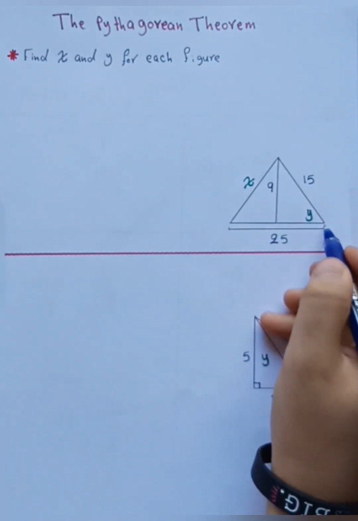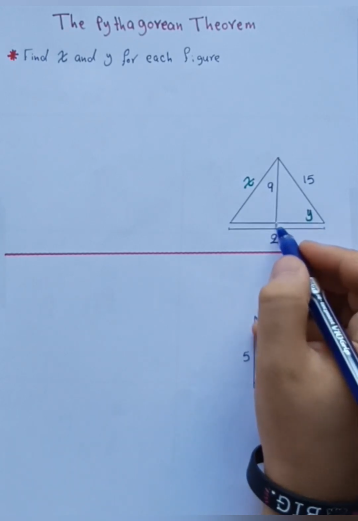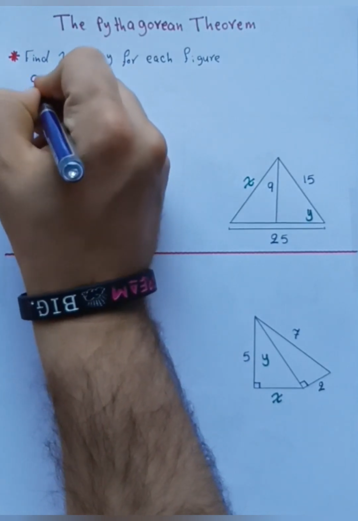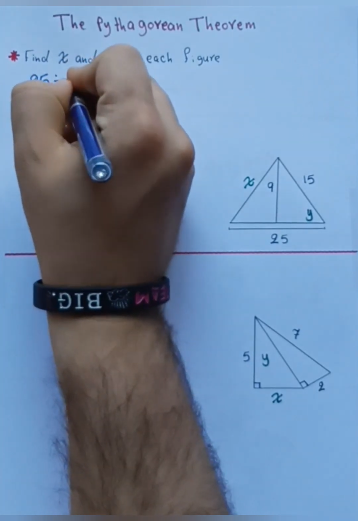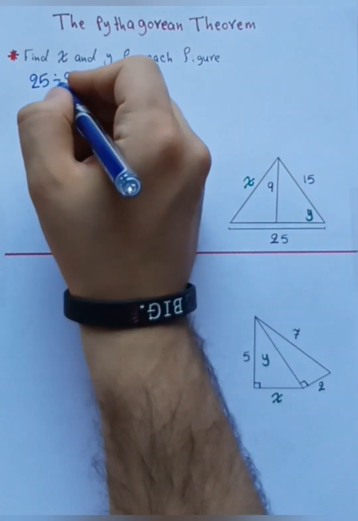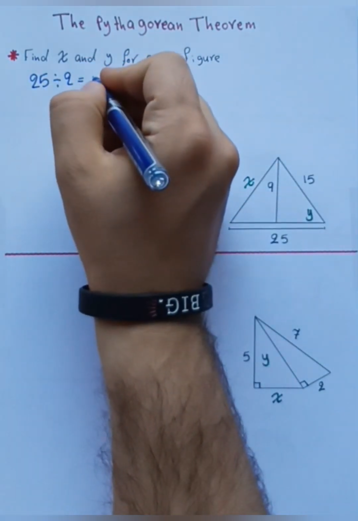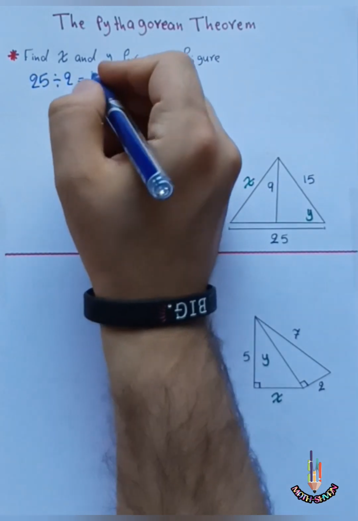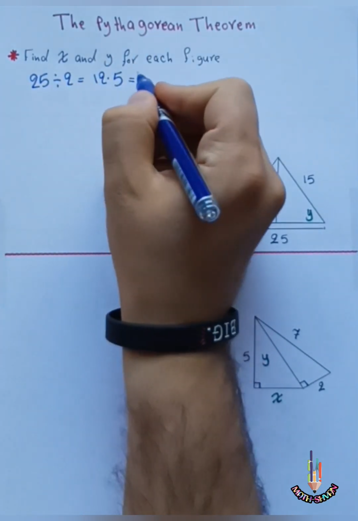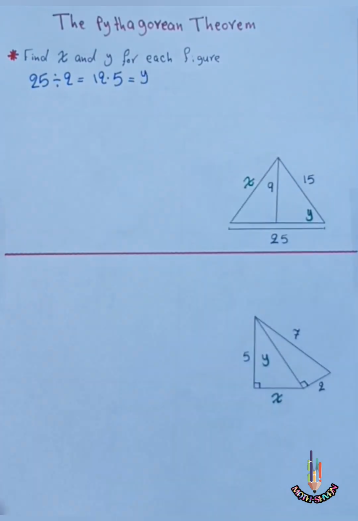So the length of y is half of 25. So we can divide 25 by 2 and we will get the length of y. 25 divided by 2 equals 12.5, so the length of y is 12.5.